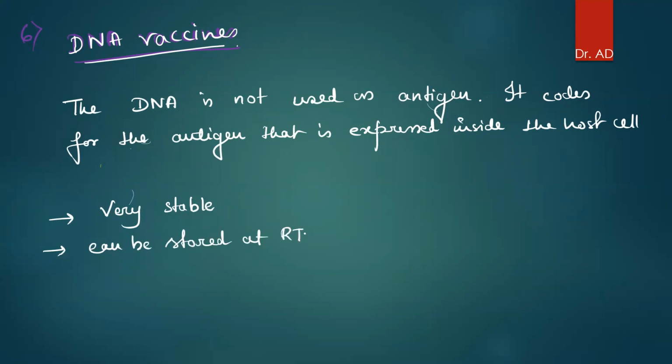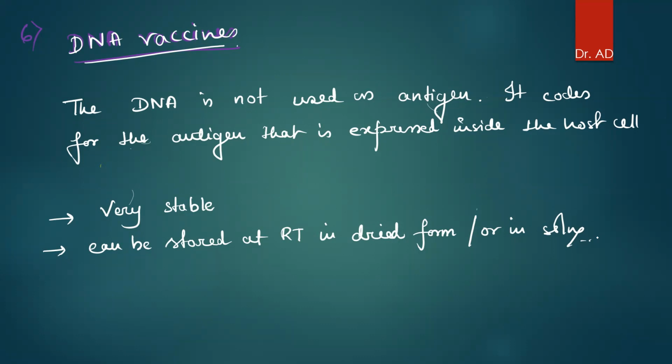Now, conventional vaccines have to be stored in special refrigerators called cold chain. Here, this cold chain is not required. You can store it at room temperature.